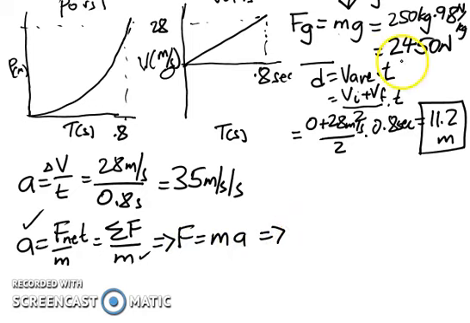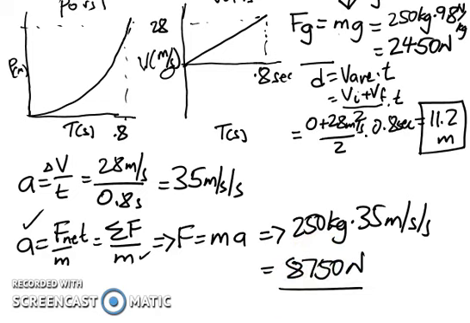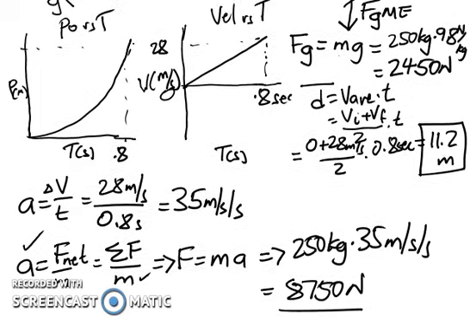We know the bike has a mass of 250 kilograms. The acceleration is 35 meters per second squared. So that net force is 8,750 newtons.